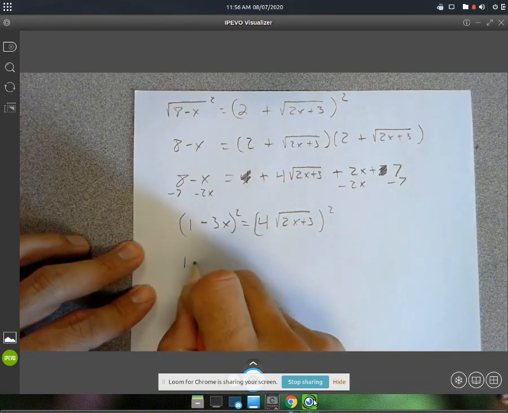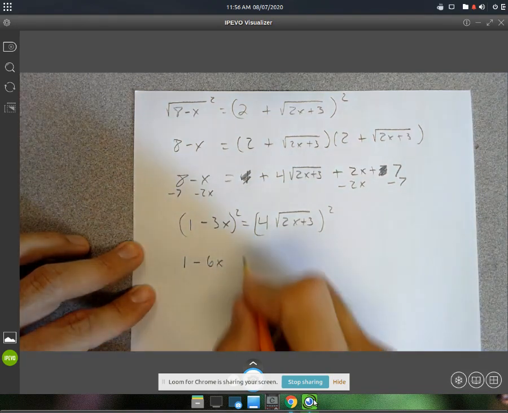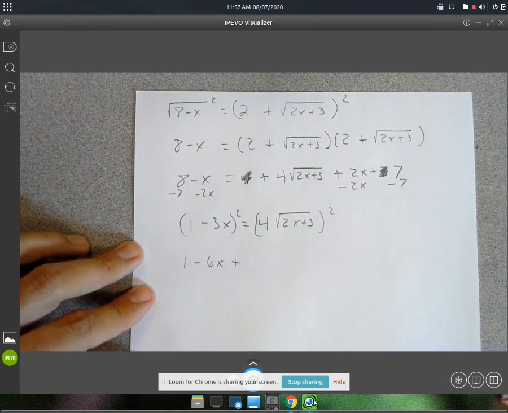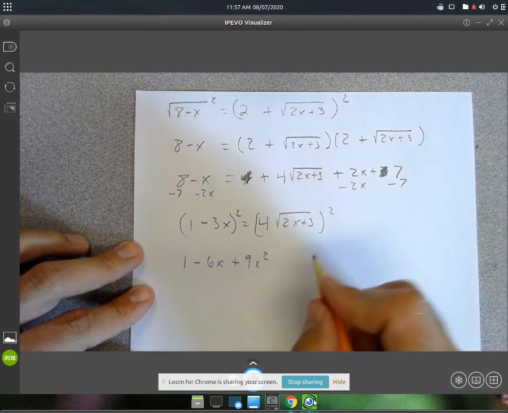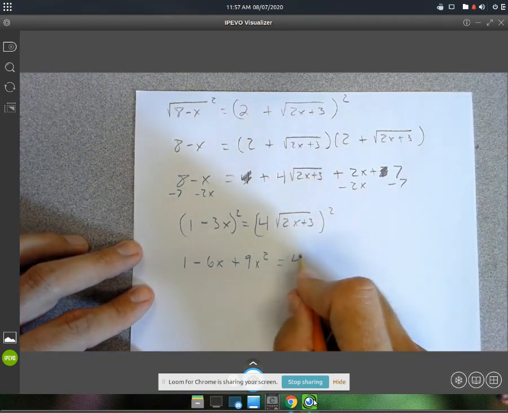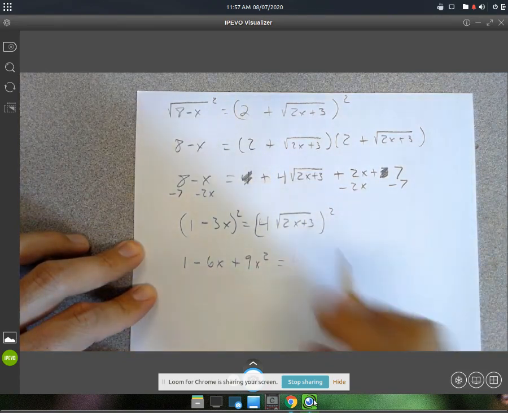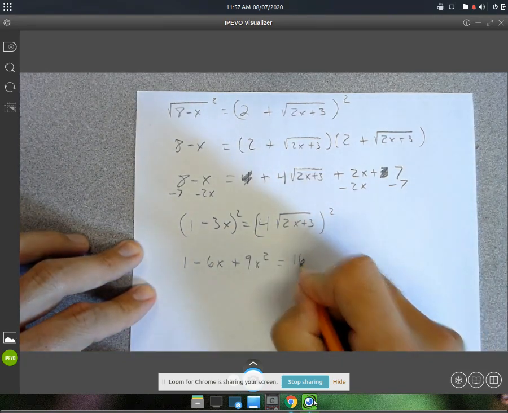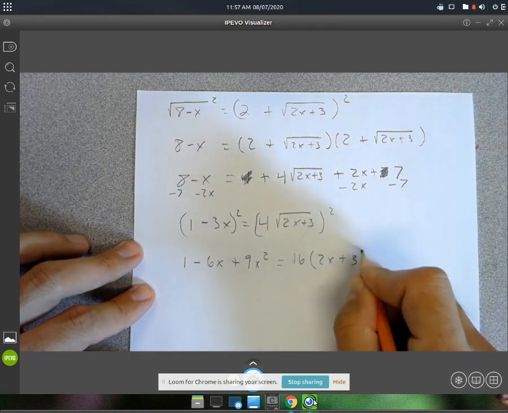That'll be 1 minus 6x plus negative 3x times negative 3x will be 9x squared. All right, then we wind up, not with a 4, 4 squared will be 16. Then we'll have a 2x plus 3 inside.